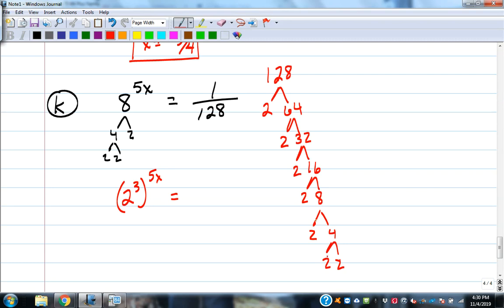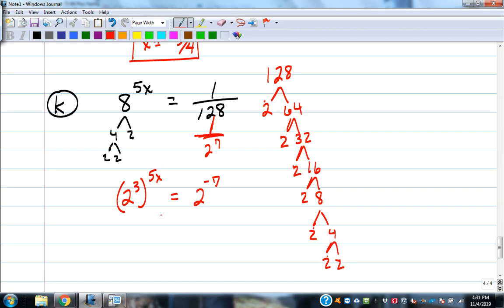So 1, 2, 3, 4, 5, 6, 7 twos. Yeah, 7 twos. So that is 1 over 2 to the 7th. And if I want to rewrite that where it's not a fraction anymore, it'll be 2 to the negative 7.